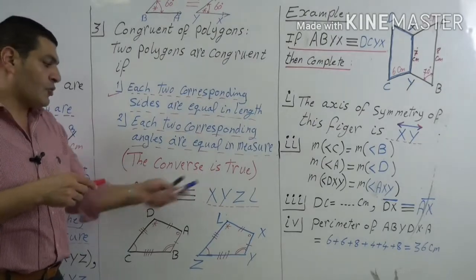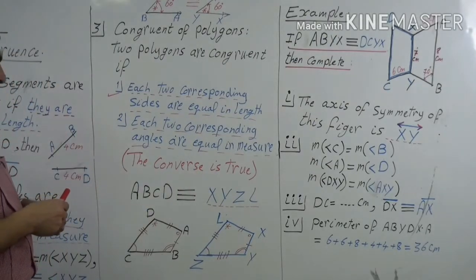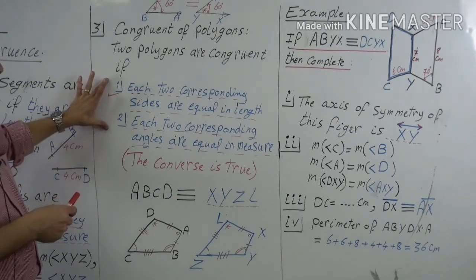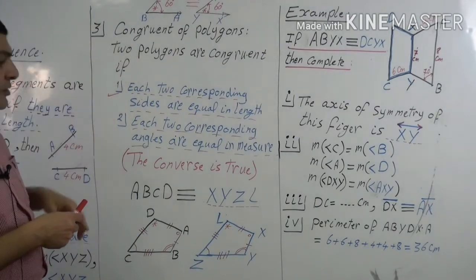The converse is true too: if these two conditions are met, the two polygons are congruent.